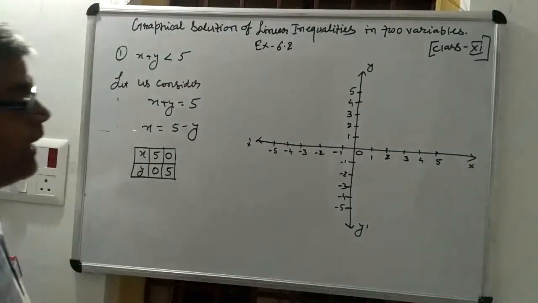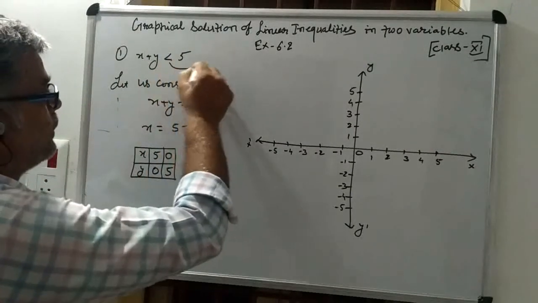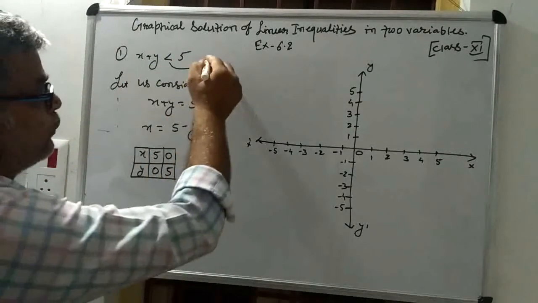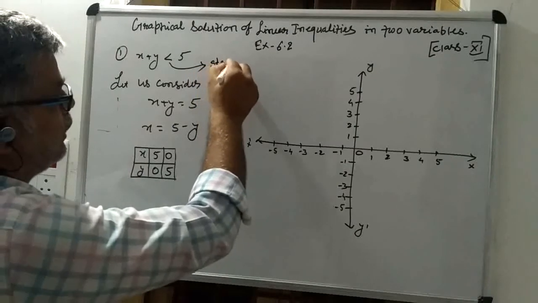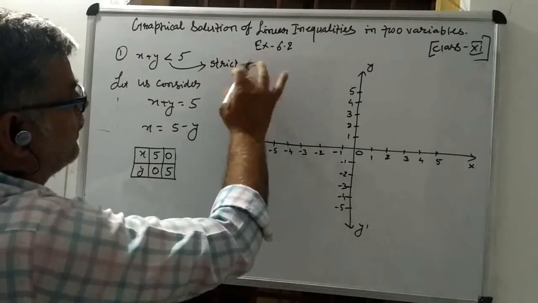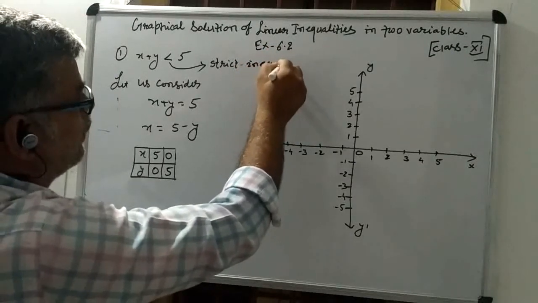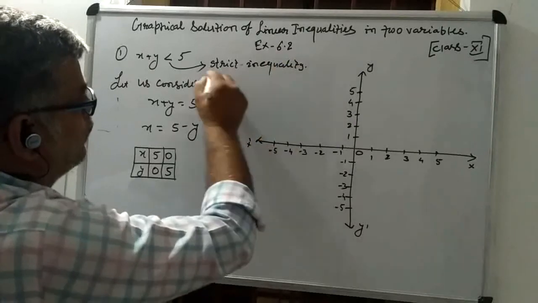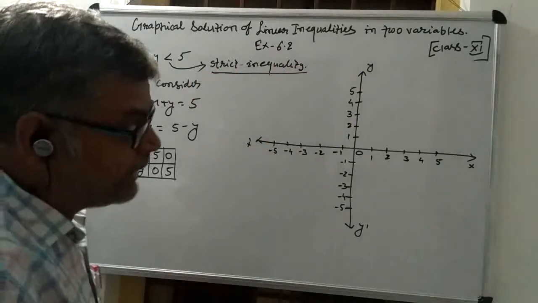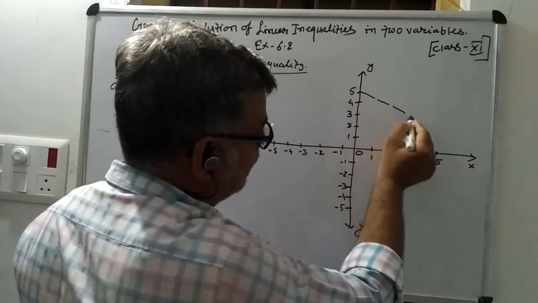But one thing I want to mention here is that when there is a case of strict inequality, as you see that there is a strict inequality in the inequalities, then in case of strict inequality, you join it by drawing broken lines.